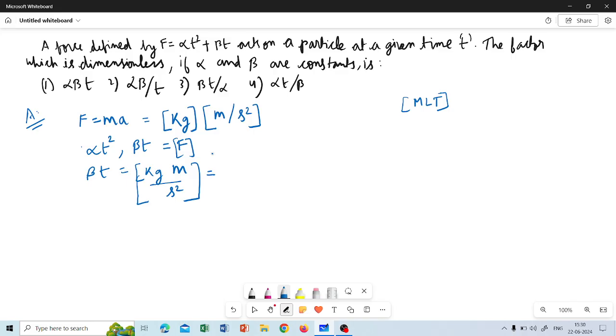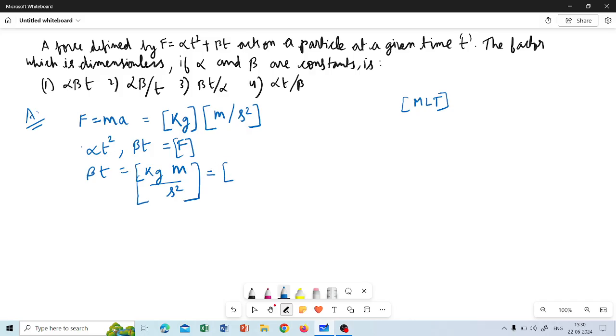I assume that alpha and beta are constants which have some units. You should not assume that alpha and beta are unitless constants. They have mentioned that alpha and beta are constants just to confuse you, so don't get confused here.